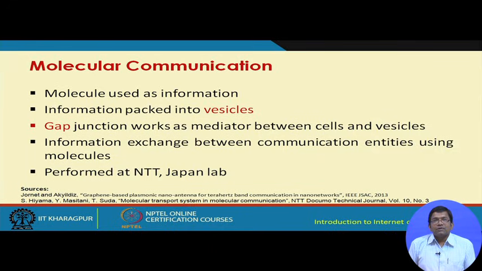So, earlier I was talking about this nano electromagnetic communication. I also mentioned that bio nano networks are possible, where the communication takes place through molecular exchange.